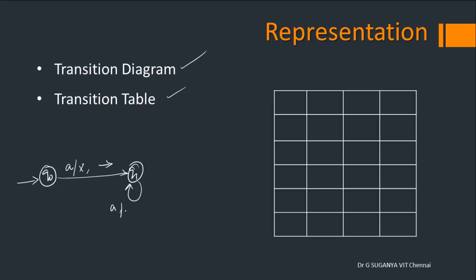Suppose if it is B, replace it with B, move towards left. So this is the configuration. This is the input symbol and the tape symbol.